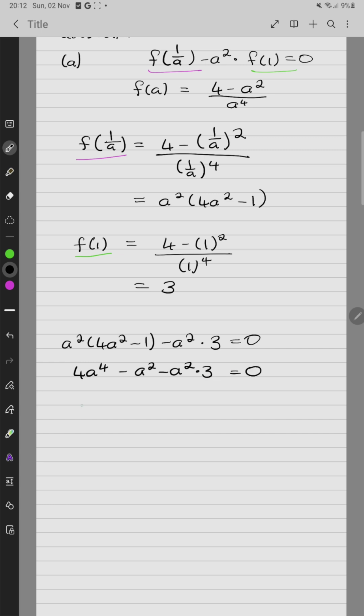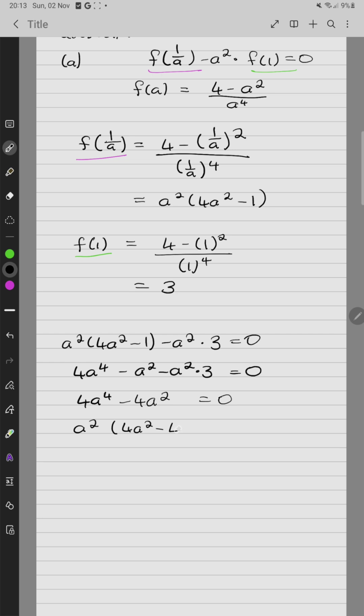Let's simplify that further. I get 4a to the power of 4 minus a squared minus 3a squared, which will be minus 4a squared, equal to 0. I can take out a common factor, a squared, and then I'm left with 4a squared minus 4.